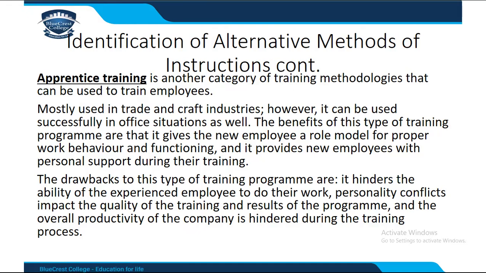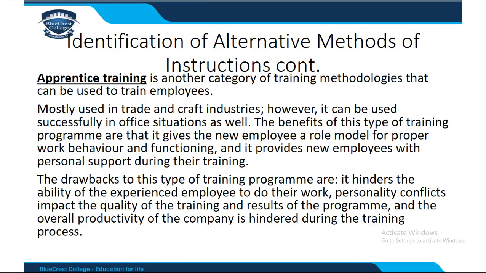Sometimes in training other people, it slows down the pace at which the master or the lead is supposed to work. It reduces their productivity. And sometimes the personality types of the trainee and the trainer may not really be compatible.